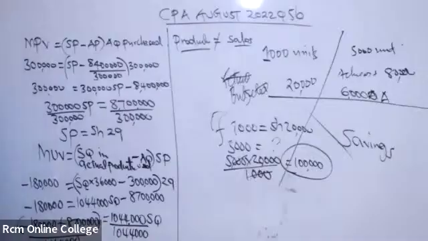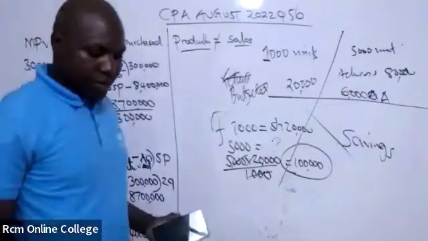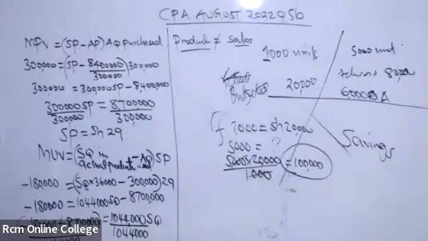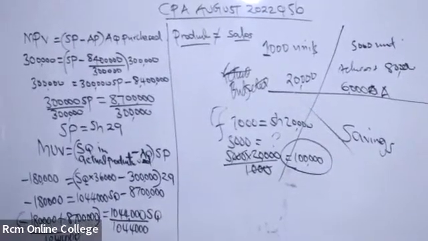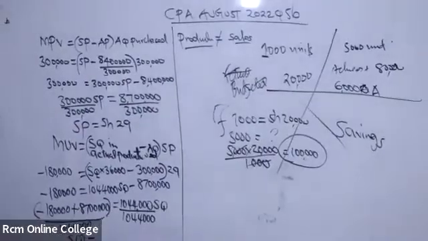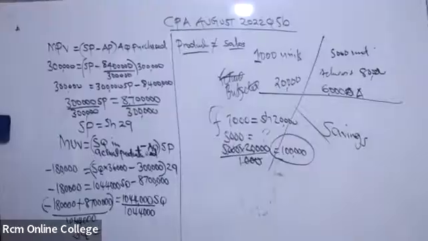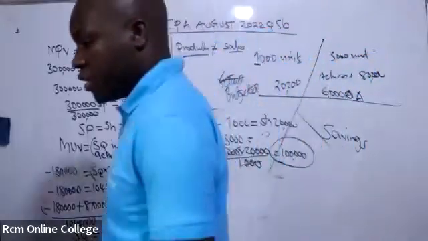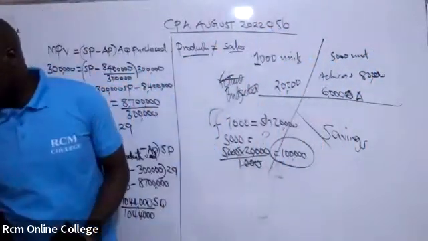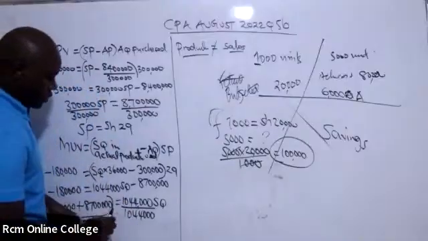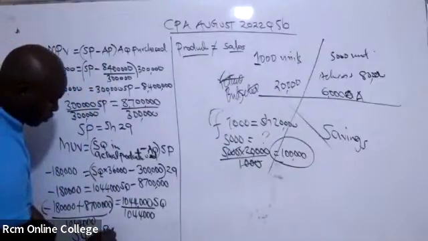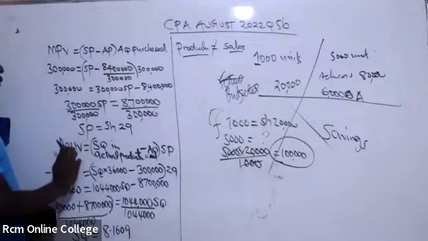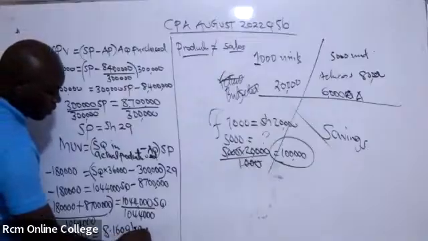Standard quantity is 8.160. And that is the standard quantity of raw material, which of course is given in kgs.